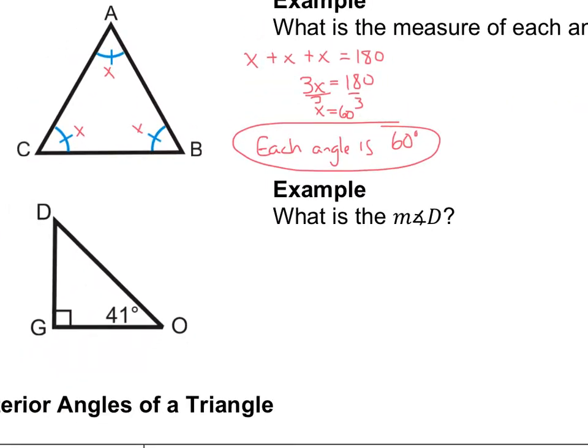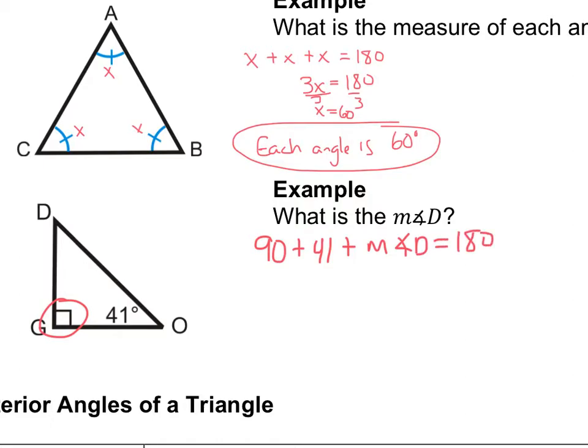Taking a look at the next one, you can probably pause the video right here and try it yourself. Alright, so hopefully you got the same answer as I did. When I worked out this problem, I knew that the box here is 90 degrees. So 90 plus 41 plus the measure of angle D equals 180.